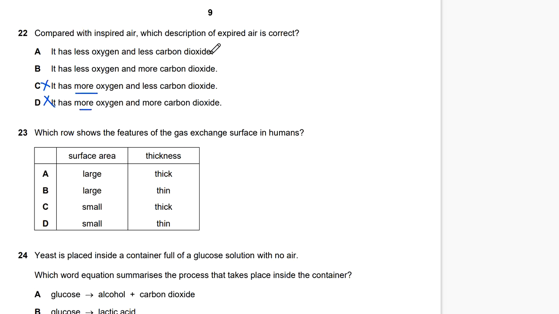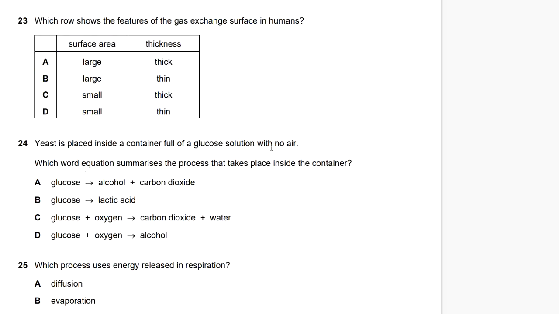And of course, if it is expired, there is more carbon dioxide. So we remove letter A. So the correct answer is letter B because it has less oxygen and more carbon dioxide. So this is what we call expired air.